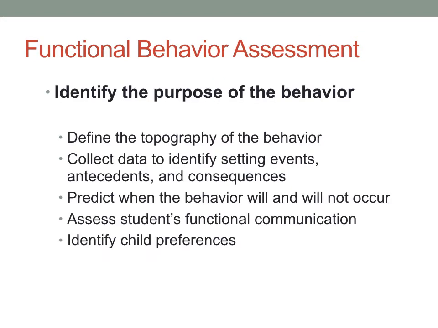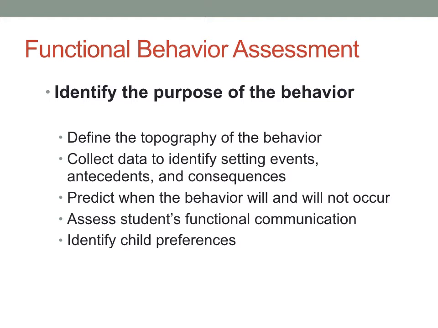The main purpose of doing FBA is to identify the purpose of behaviors, and it will help us to design appropriate intervention for the individual. By doing FBA, you can define the topography of the behavior, meaning the form of behavior, how the behavior looks like. You can also collect data to identify setting events, antecedents, and consequence of the behavior.